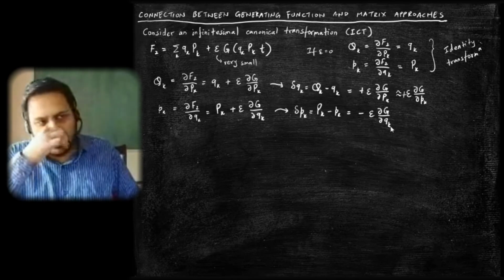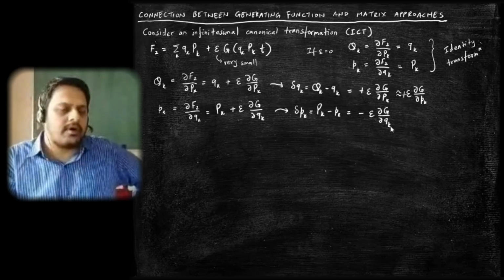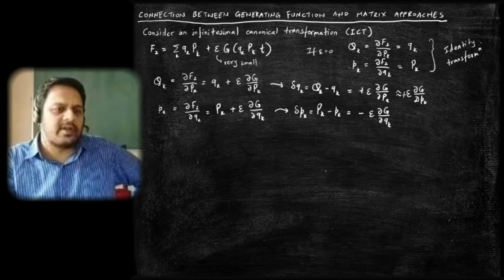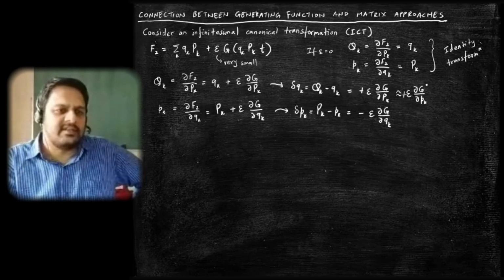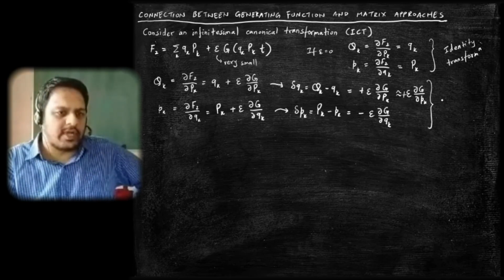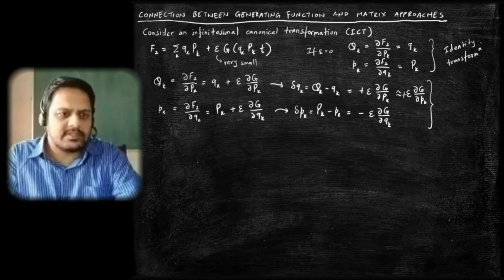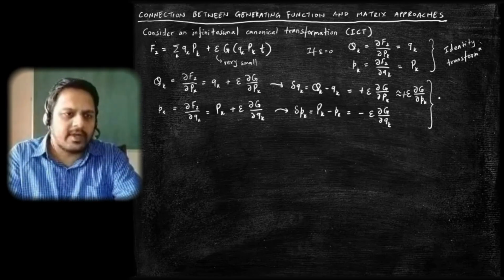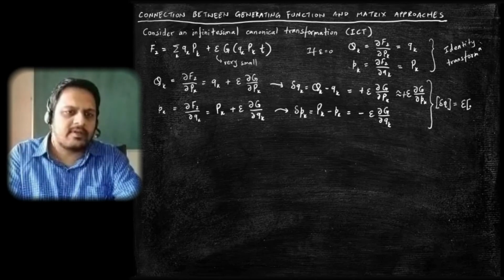The change in the variables is proportional to epsilon and related to the derivatives of the G function. You can combine these two together and watch this very closely. Basically, what you get is delta eta is equal to epsilon J matrix times ∂G/∂eta.